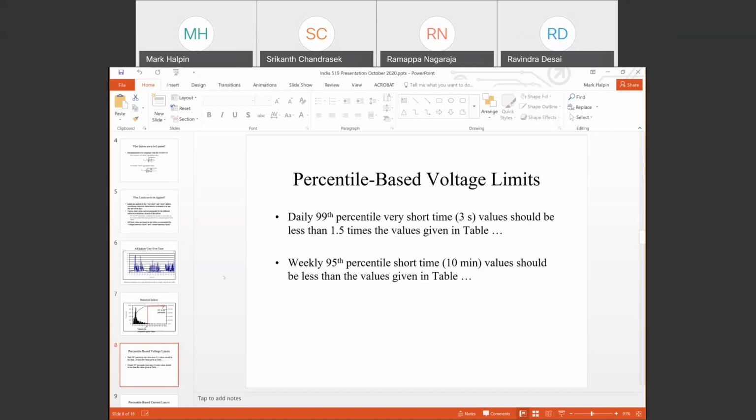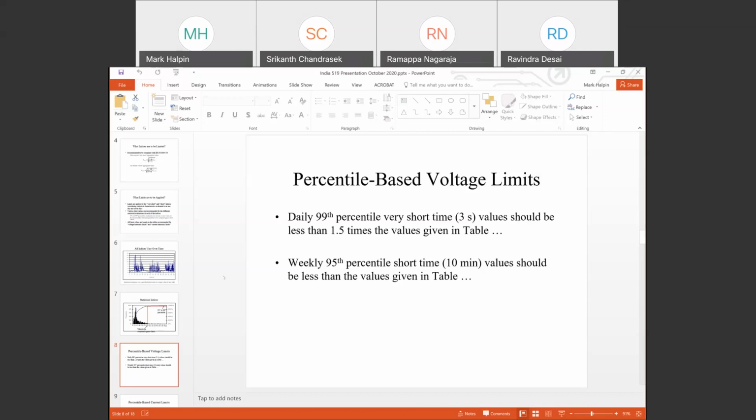We'll look at the tables in a minute, and I'm sure most people are quite familiar with the tables anyway. Also, for voltage, the weekly 95th percentile 10-minute values should be less than the values given in the appropriate table.